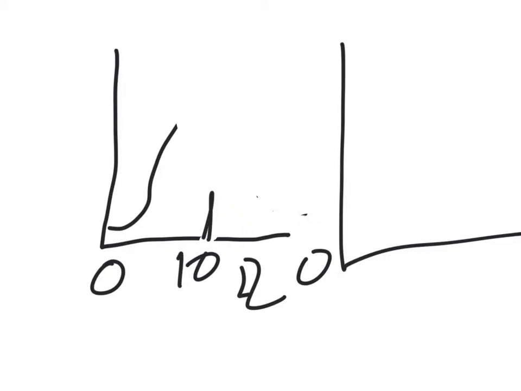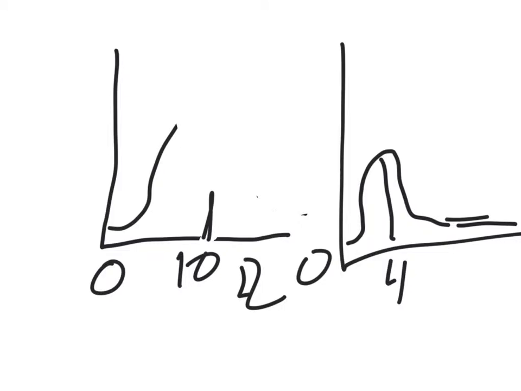And now what do we have? Over time, we'll end up with a population like this, where the mean now is 4 instead of 10. That's directional selection. That means you're selecting for one form versus another, and it's selecting for traits that are, let's say, bigger or smaller, something like that.